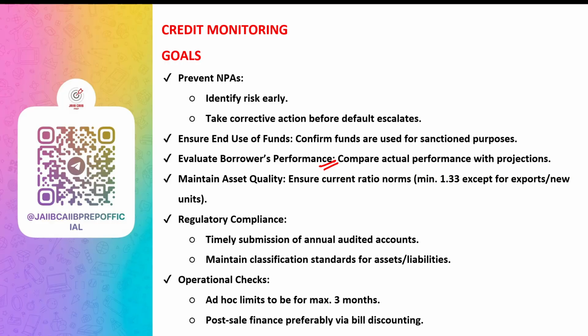For valuation of stock, whether it is in line with the market price or the cost price with the bank. Performance indicators include sales, profit, debtor days, creditor days. For financial ratios, for example, maintain a minimum of 1.33, so the current ratio should be greater than 1.33, except for exports or new units.